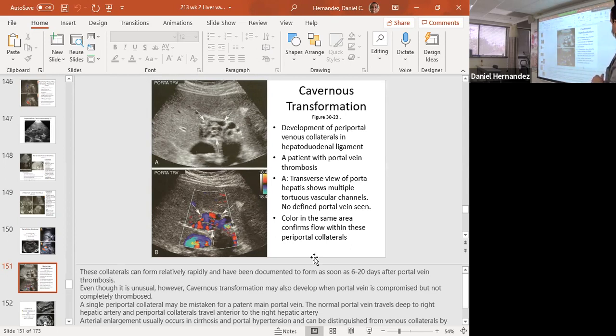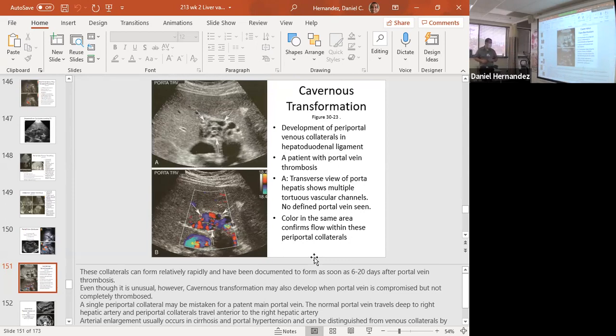So with this cavernous transformation, trying to find that actual main portal vein becomes almost impossible because at this point it's become fibrotic, it's collapsed in on itself, and what's really taken over now are these collateral channels. These collateral channels form relatively rapidly and have been documented to form as soon as 6 to 20 days after portal vein thrombosis.